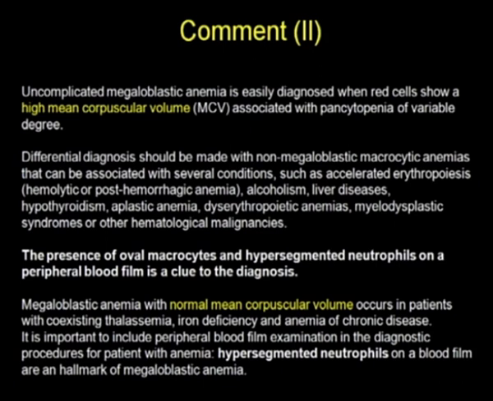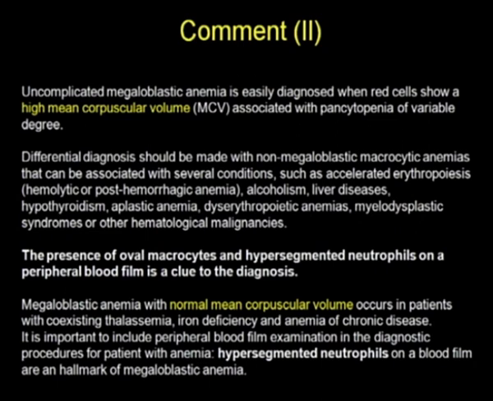The presence of oval macrocytes and hypersegmented neutrophils on the peripheral blood film, as we saw in these images, is a clue for the diagnosis. And this is the morphological clue reported in all the textbooks. So we have to think about this and know this.